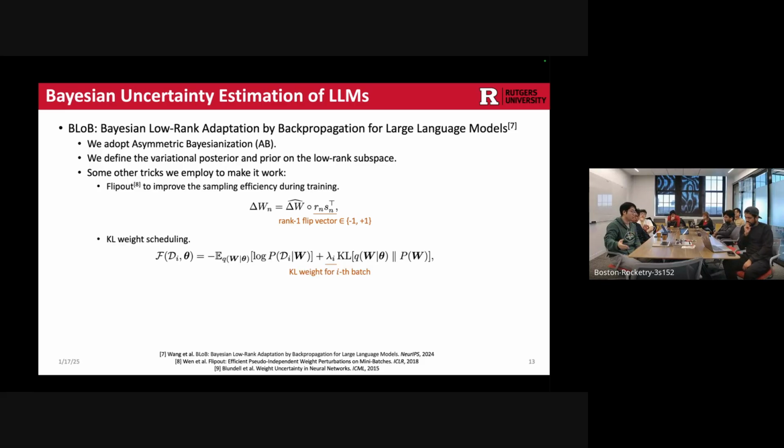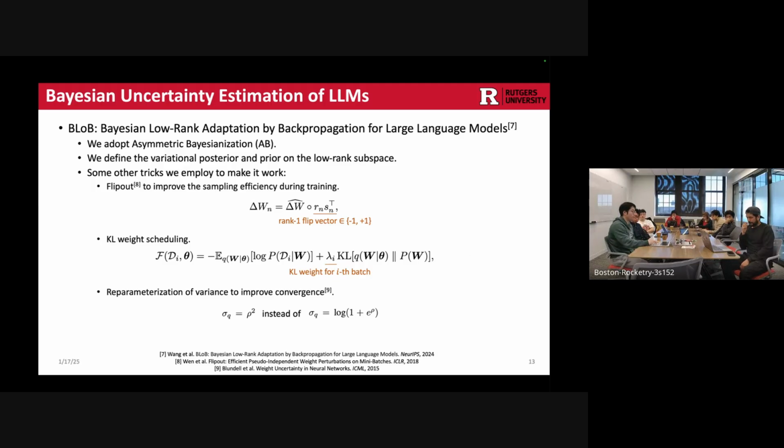We also need to design some KL weight scheduling, because originally in the variational free energy we have the expectation form, so the KL term is 1. But if you do mini batch SGD, then this KL needs to be amortized to each mini batch. Usually a constant KL is not very good, so we need some KL weight scheduling. You also need to reparameterize the variance to improve convergence.